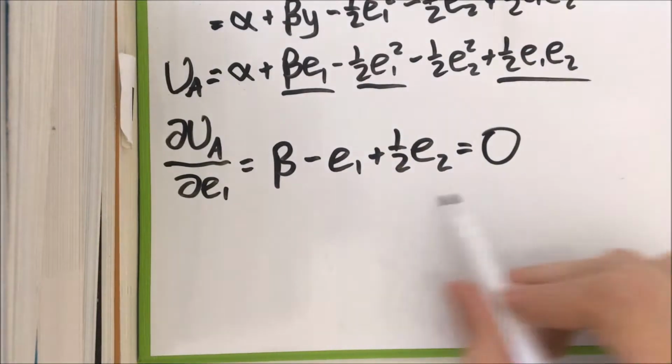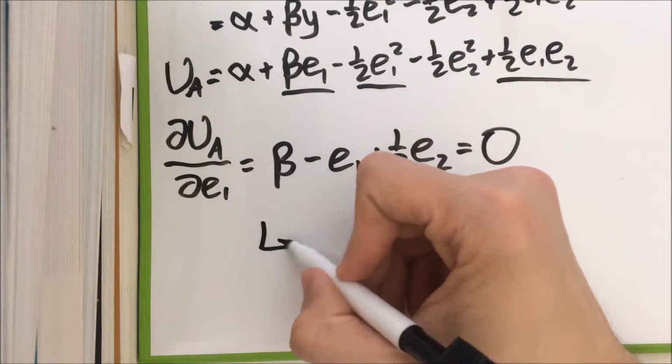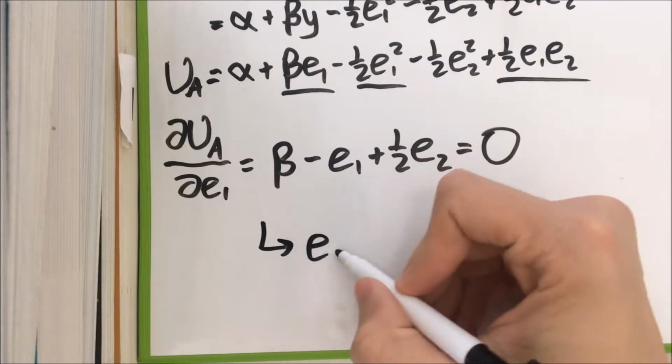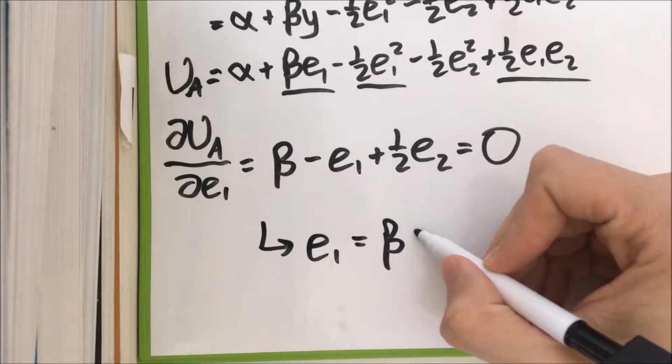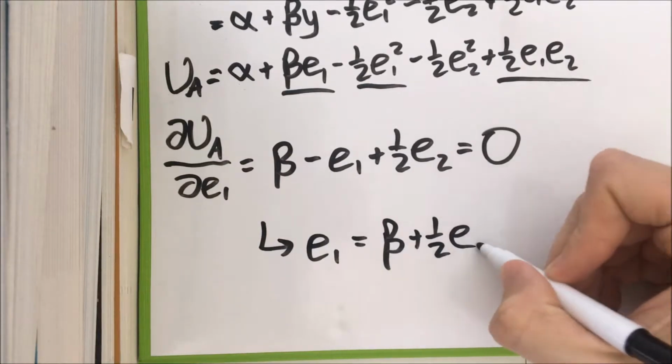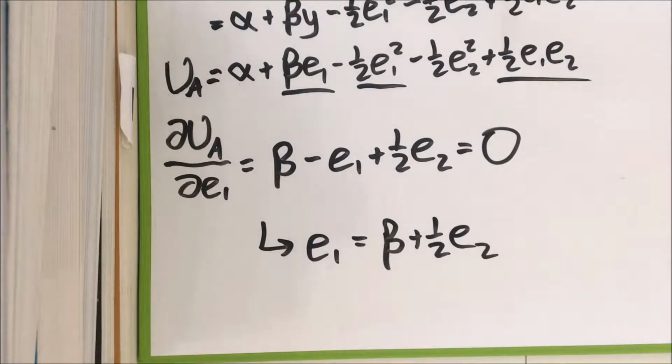You need to set it to 0 to find out what E1 is going to be. And that means E1 is going to equal, if you bring it to that side, beta plus half E2. All right, we're not done yet.